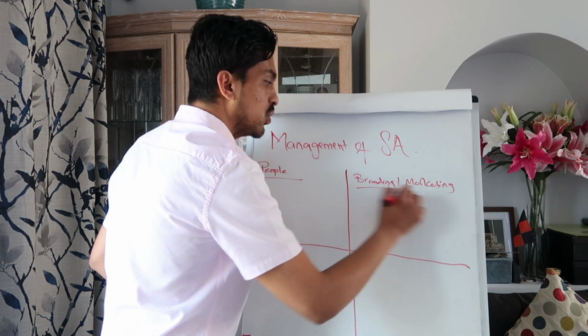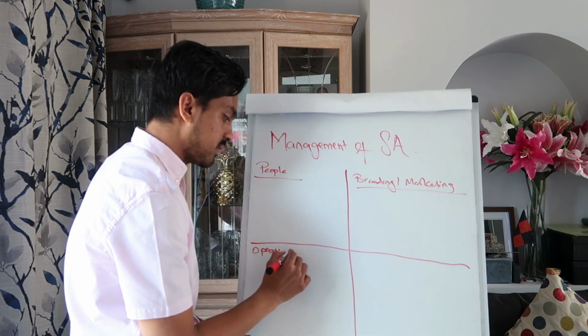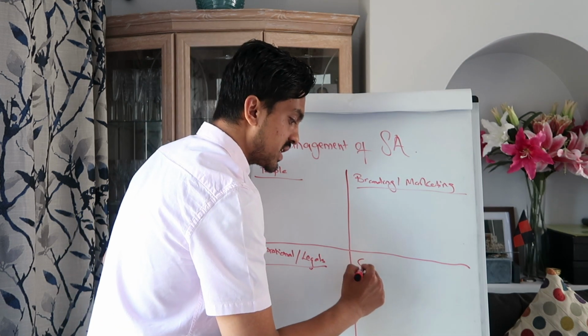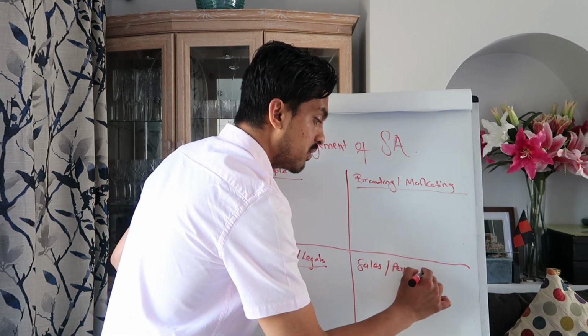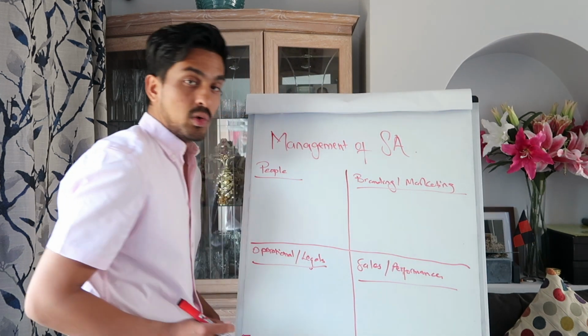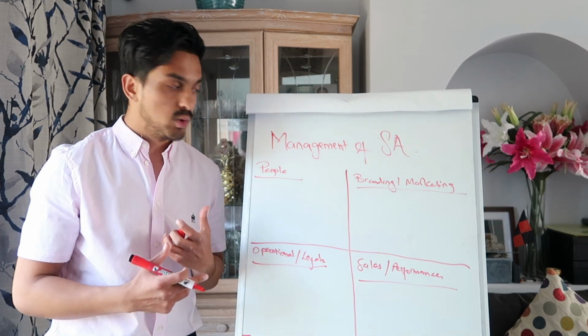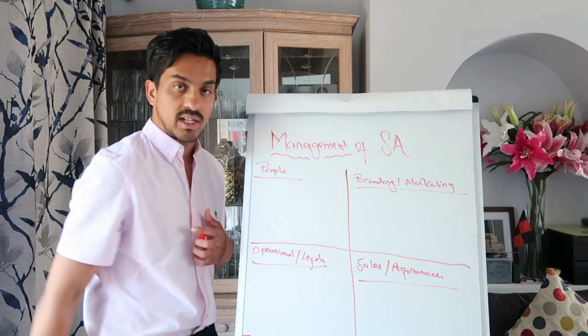You also have your operationals and legals. And then you've got your sales and performance, or your financial. Right, and this will give you an overview of what is involved in the day-to-day running of your service accommodation, or let's call it managing your service accommodation business.